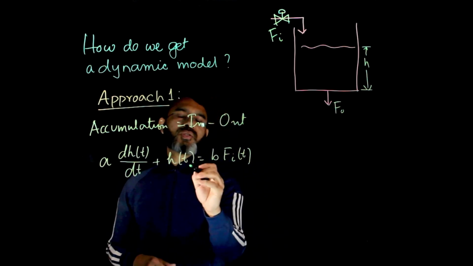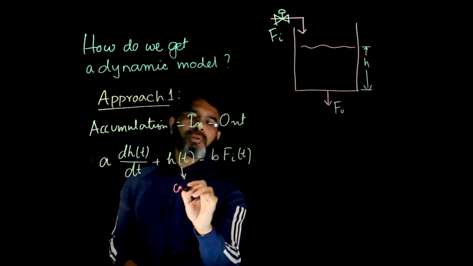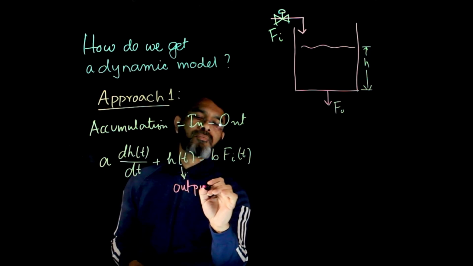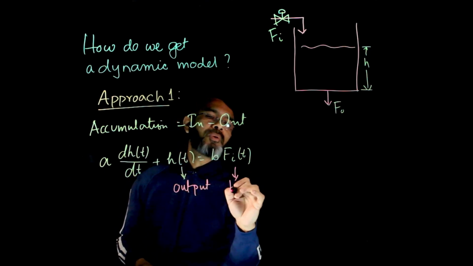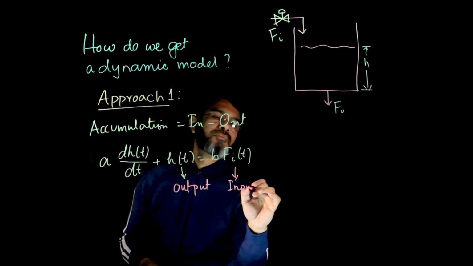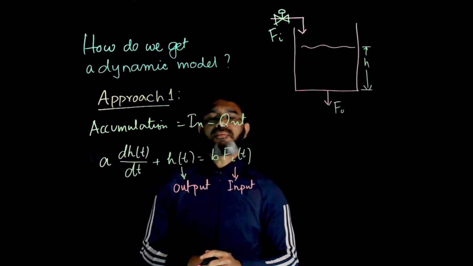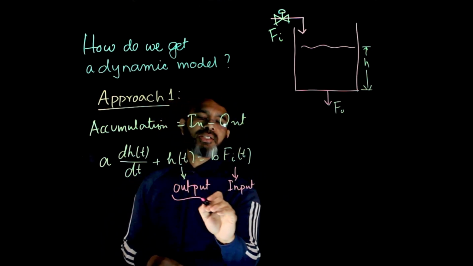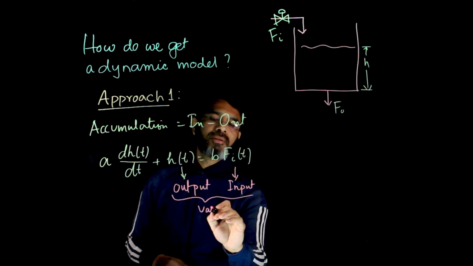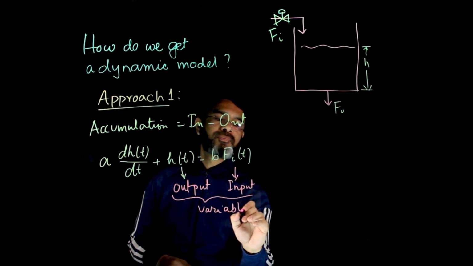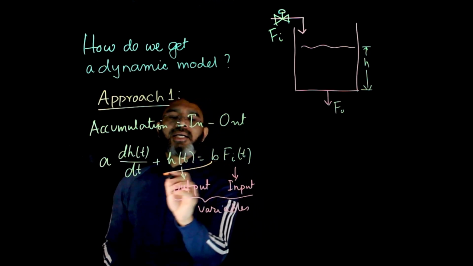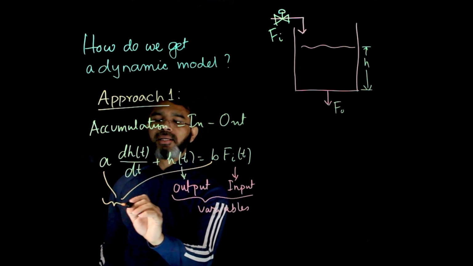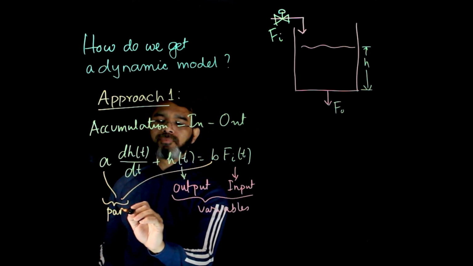Here this HT is the output, this is the input. So we always try to find an input-output model. Together we get the variables in the model, and we have the parameters here, B and A. These are the parameters.